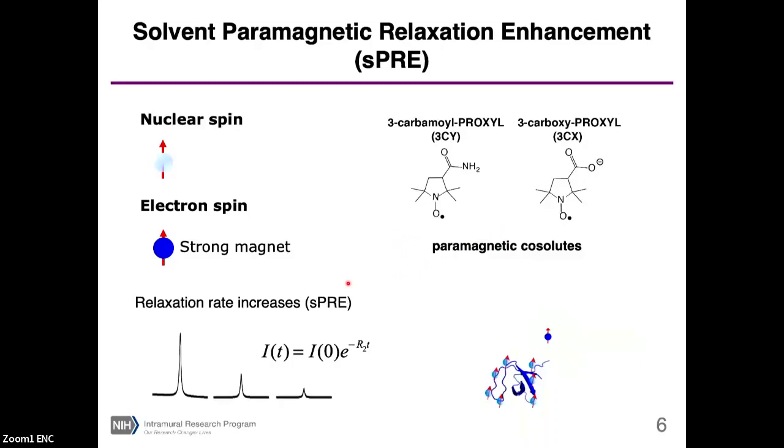Therefore, the name solvent paramagnetic relaxation enhancement, or solvent PRE for short. A key point is that no matter how weak the chemical interaction is between these paramagnetic solutes and the proteins, we can still detect substantial solvent PRE. So we can measure the solvent PRE regardless of how weak the interaction is.